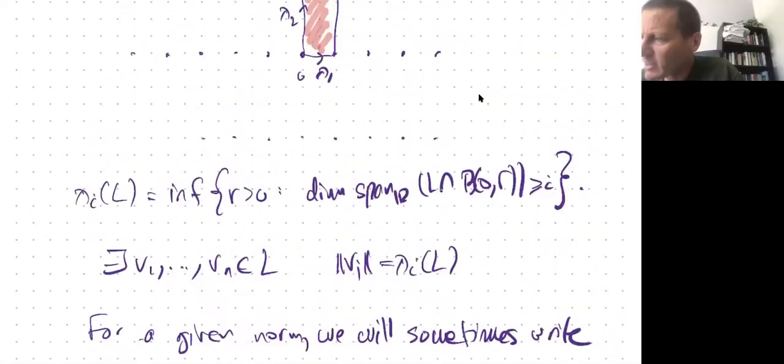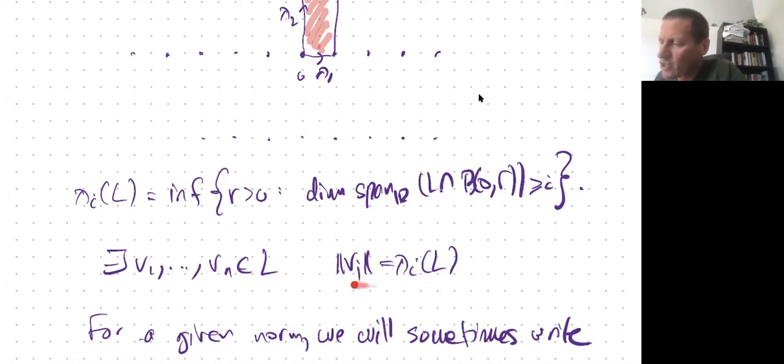If you have a tie here, what you're going to see is a jump. So in other words, say, for example, there are 3 candidates for being lambda 2. 3 linearly independent vectors are all candidates for being lambda 2. Then you're going to see that lambda 2 equals lambda 3 equals lambda 4. There's going to be an equality of the lambda i's.